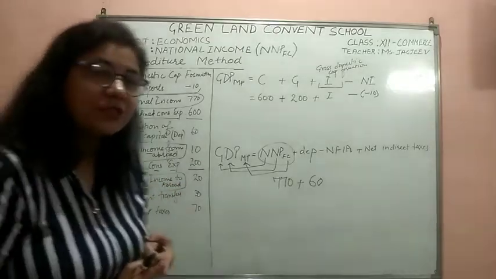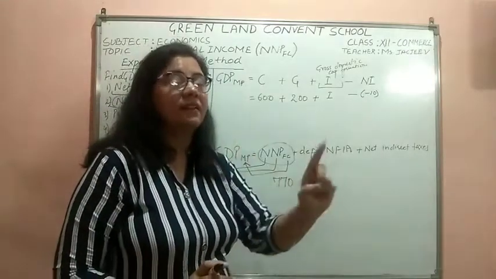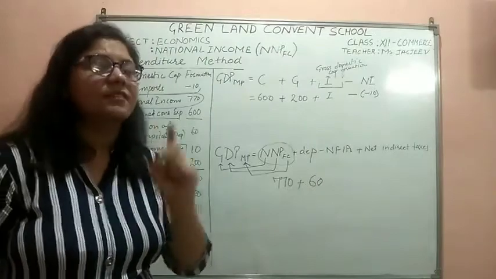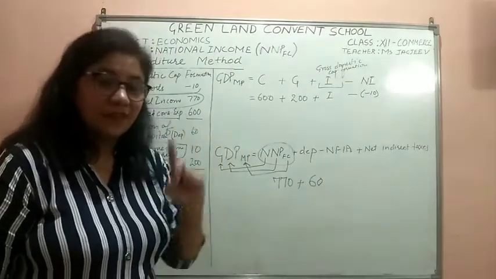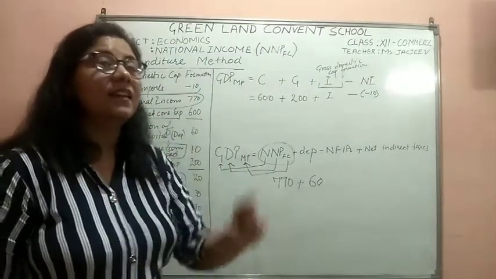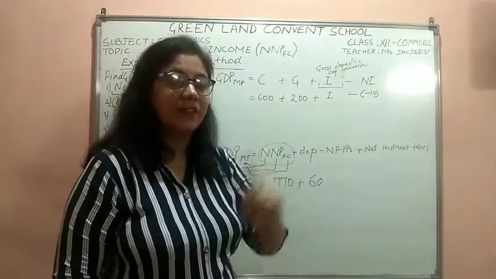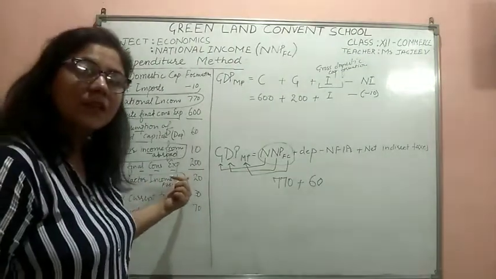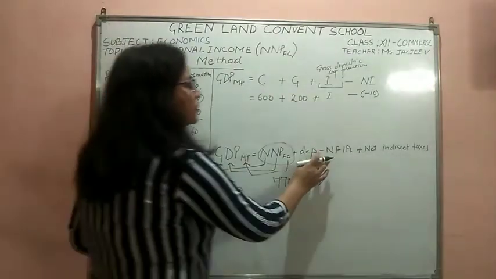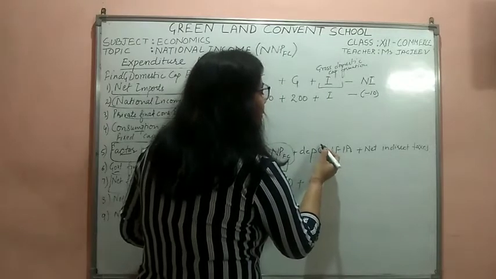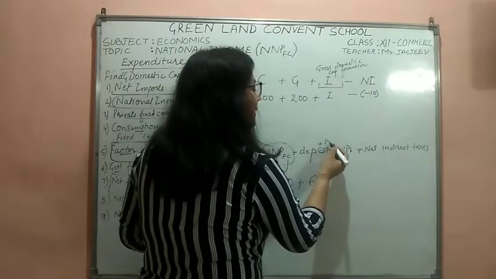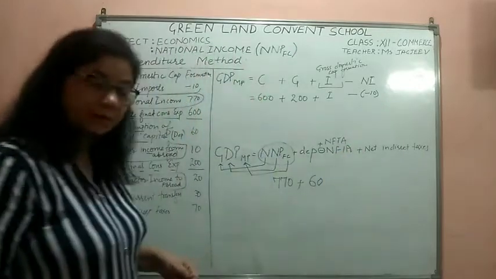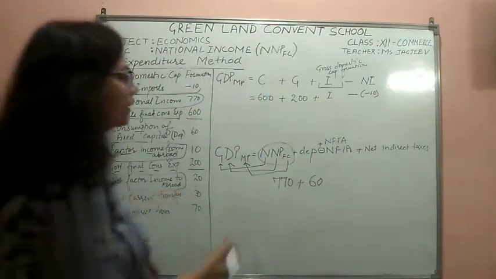We always need to take net factor income either from abroad or to abroad. We are not supposed to take only factor income from abroad. Here in the question, we have net factor income to abroad. So instead of subtracting, we would be adding net factor income to abroad. How much is it? 20.